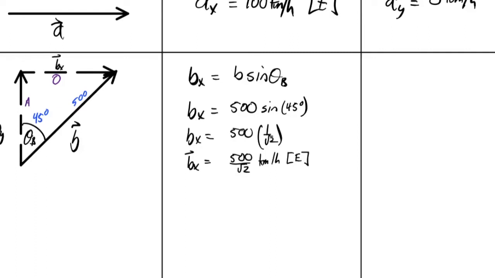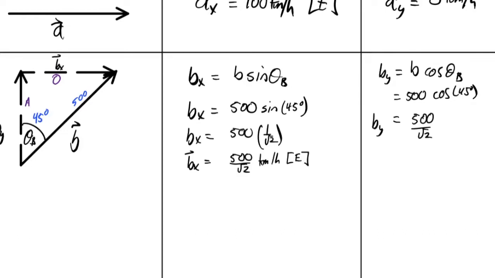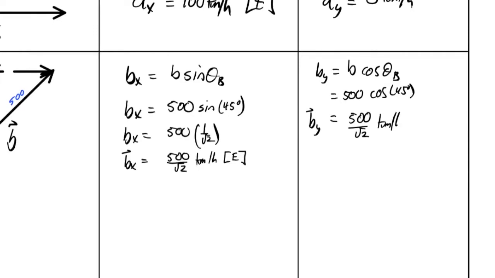Following through with our By, it is associated with the cosine function. So By is equal to B cos theta B, which is 500 cos of 45 degrees, and that reduces down to 500 over root 2. So By as a vector is 500 over root 2 kilometers per hour, and that is north.